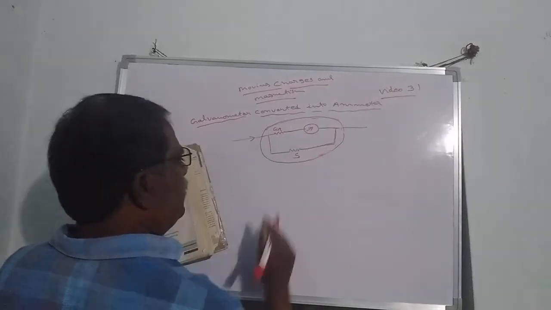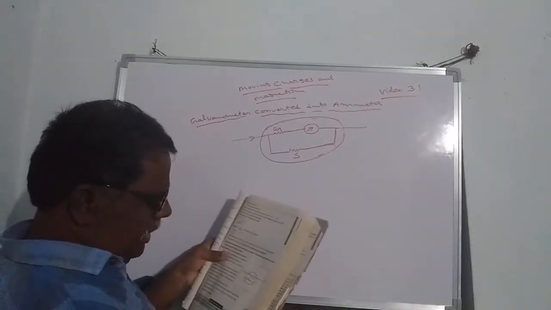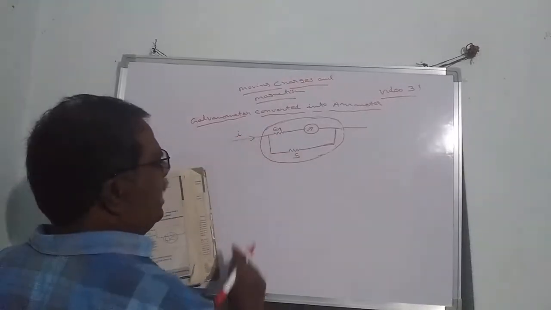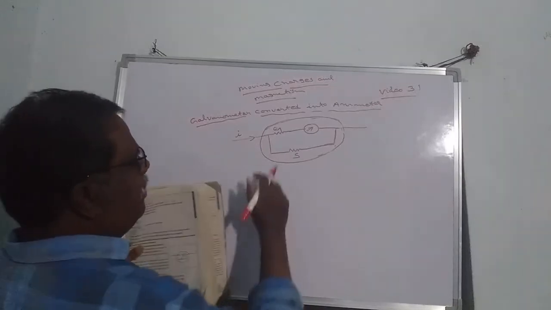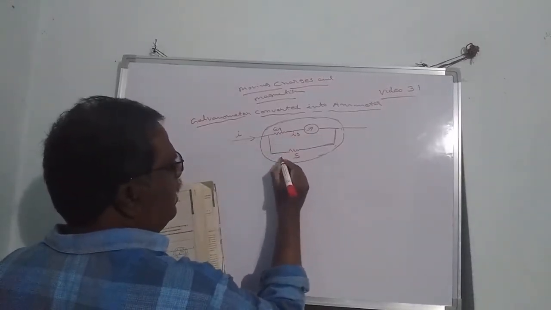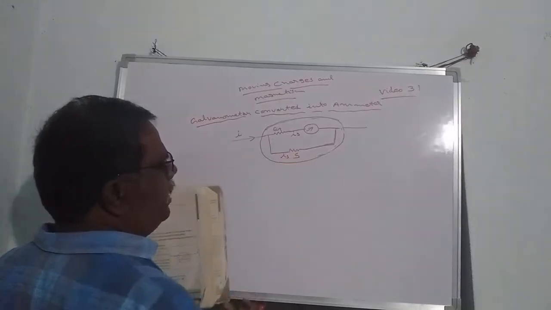Here the shunt resistance is denoted with S, the galvanometer resistance is denoted with G, and the total current is I. Here the current will be divided into two branches, one will pass through the galvanometer, another will pass through the shunt.